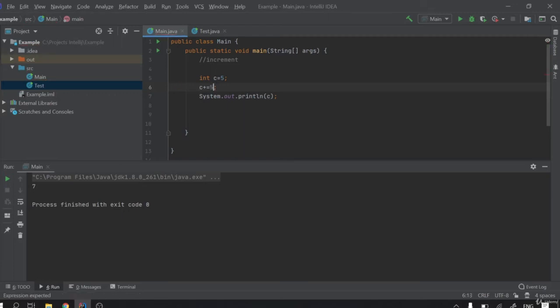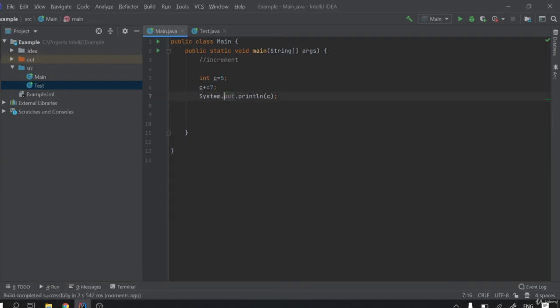This time let's write 5 or let's write 7. Let's click. We have to see 12. We saw 12. In here we said I want to increment c by 7.